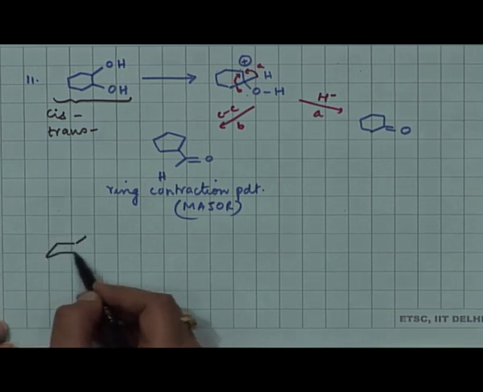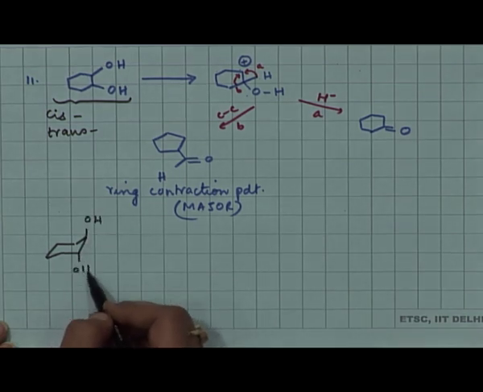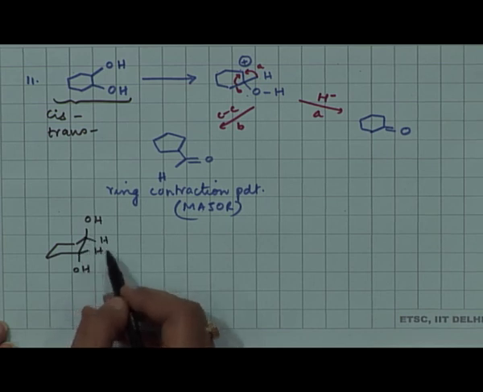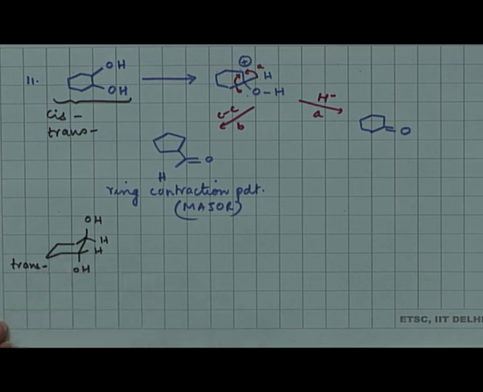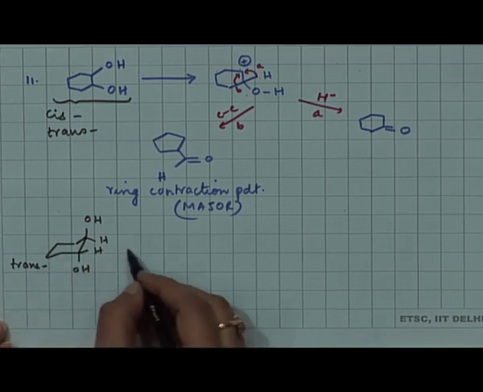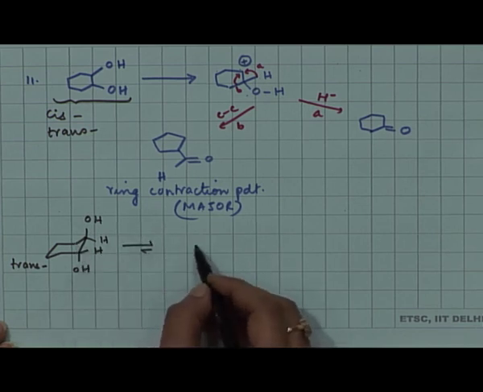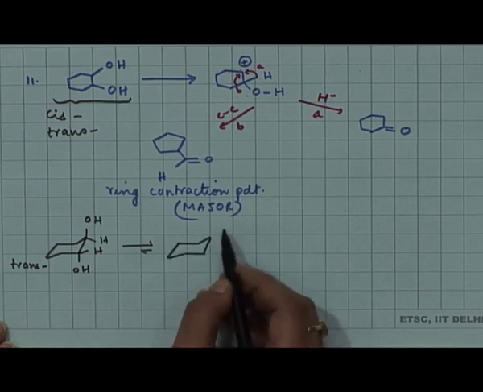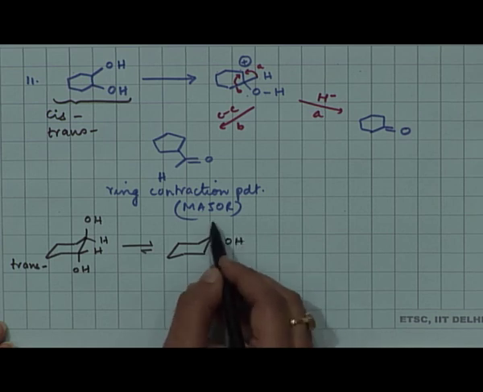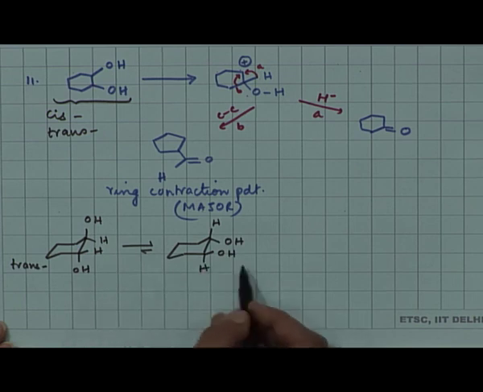If you start with the trans isomer, a trans 1,2 cyclohexane diol, this is what it would look like, the diaxial, and this would exist in the ring flipped form also, which I will just write, the di-equatorial. So, both are trans isomers, the diaxial or the di-equatorial.